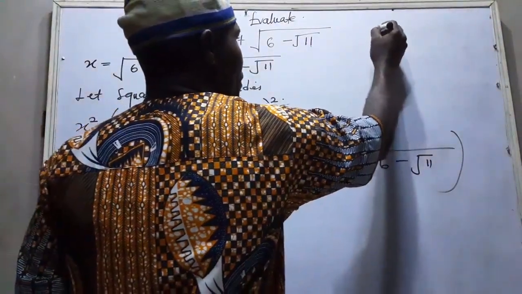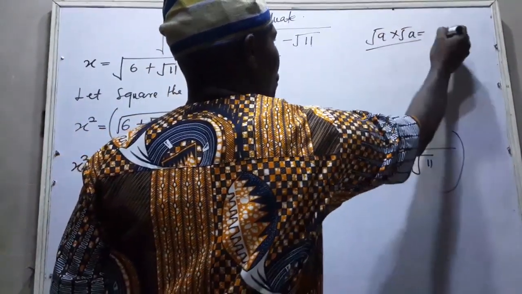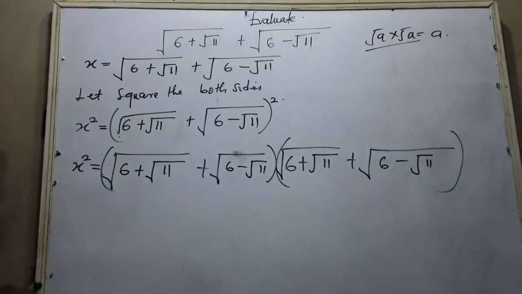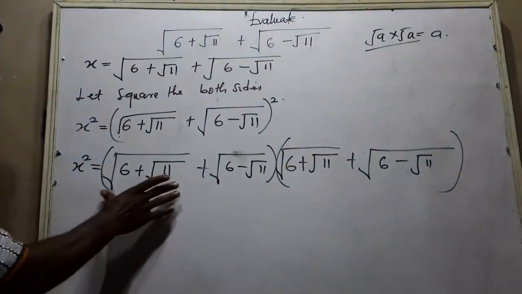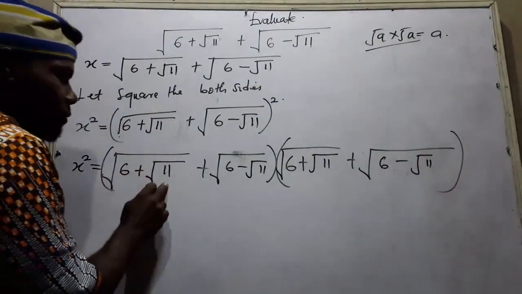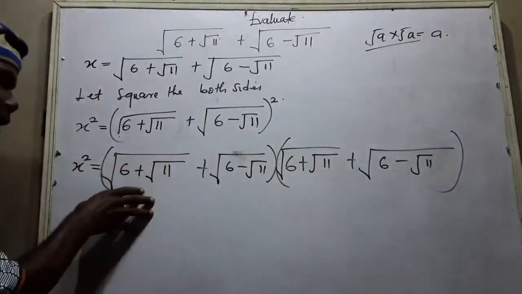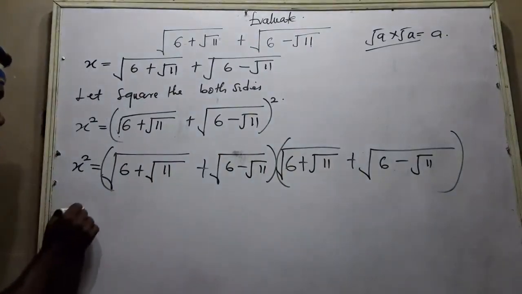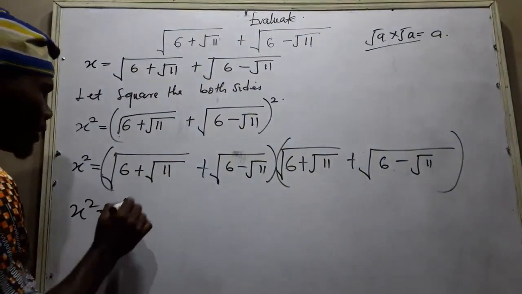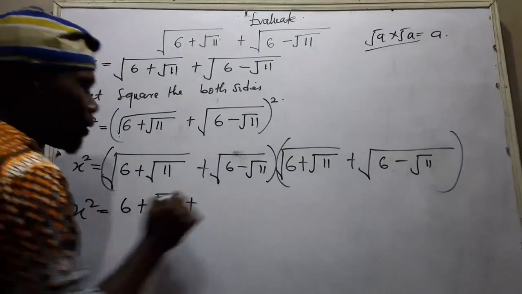If root a times root a, from the law of surd, it surely gives us a, telling us that root 6 plus root 11 times root 6 plus root 11, by the time you multiply them together, it will surely give us 6 plus root 11, plus.